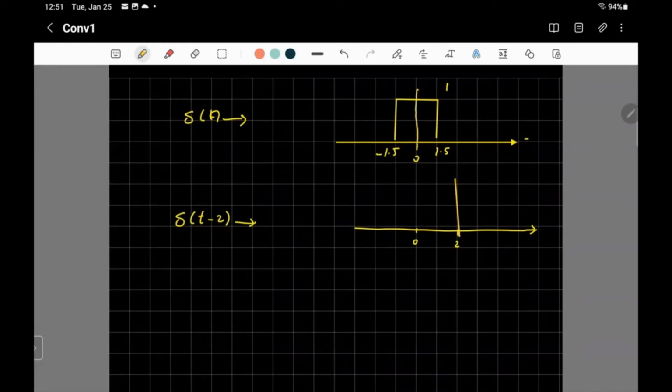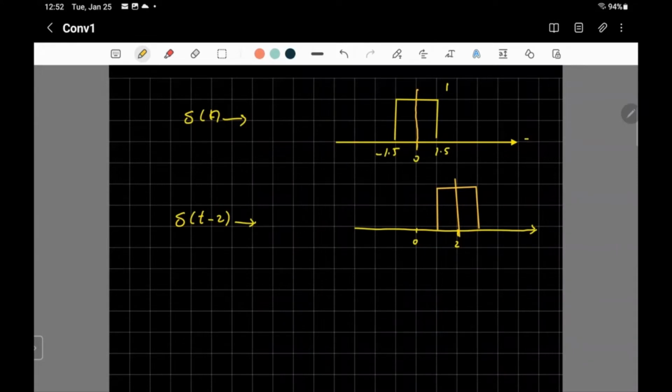And then I will sketch the rectangle. The width is equal 3, so I'll do exactly the same width as we did in the top one. It's always negative 1.5 to 1.5. I'm taking each unit in the x-axis or time axis as 1.5.